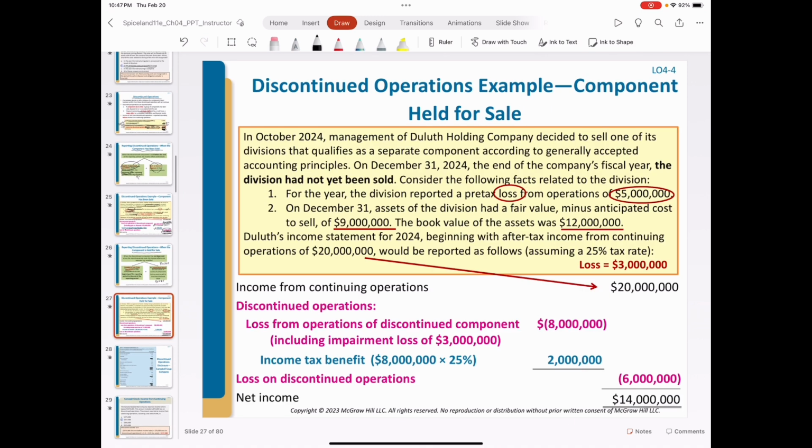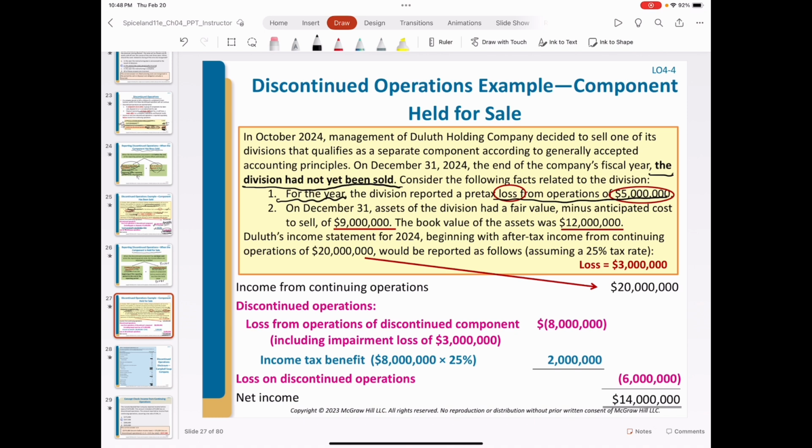So let's take a look at this example. Here, the division had not yet been sold. It is just held for sale. The company plans to sell this division. First, for this year, okay, operating loss pre-tax 5 million.